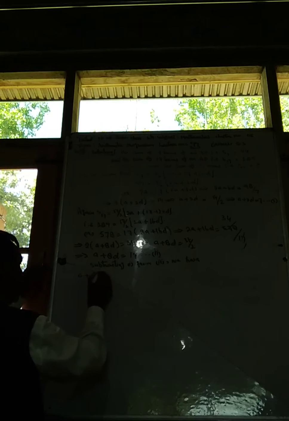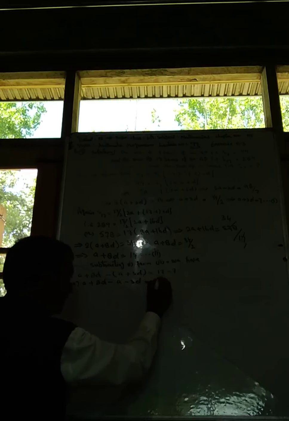We have second: a plus 8d, minus first: a plus 3d, is equal to 17 minus 7. Or a plus 8d minus a minus 3d is equal to 17 minus 7, 10.